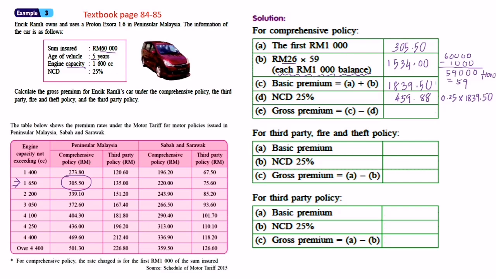So the gross premium is 1,379 ringgit 62 cents.